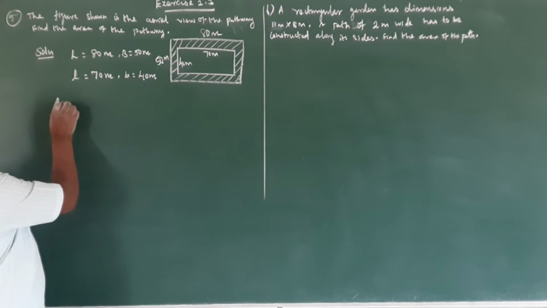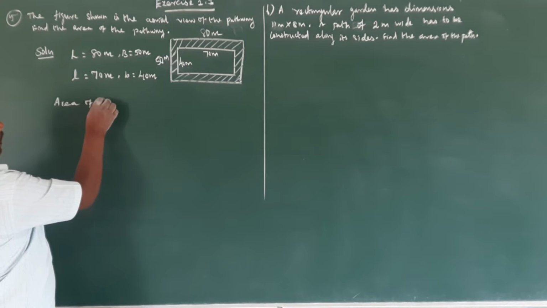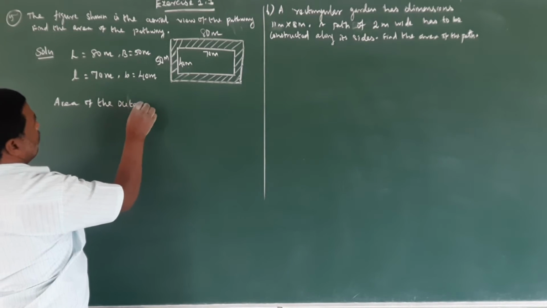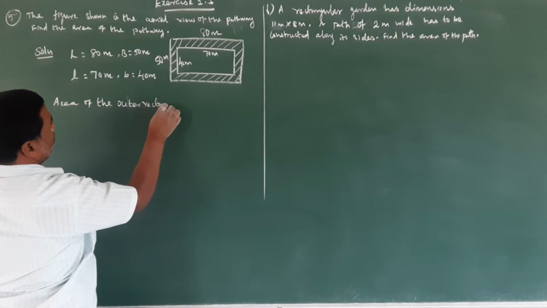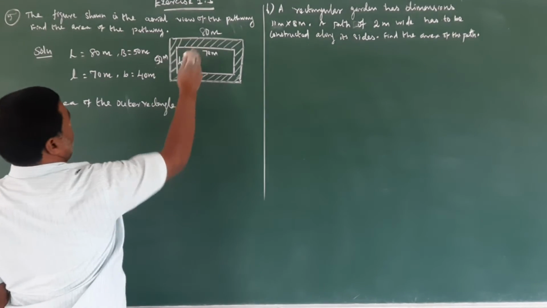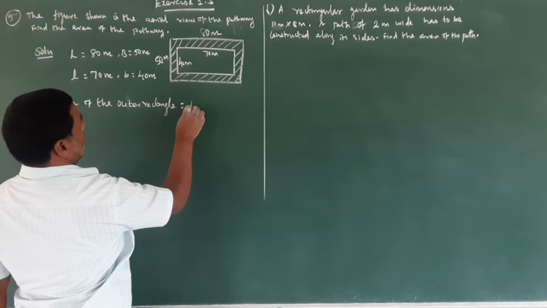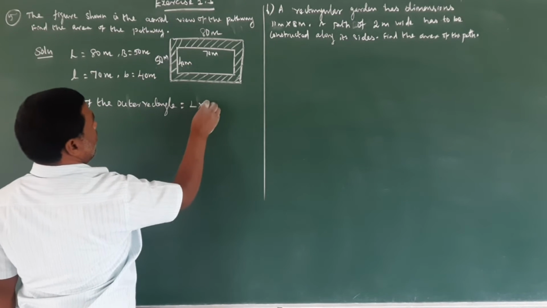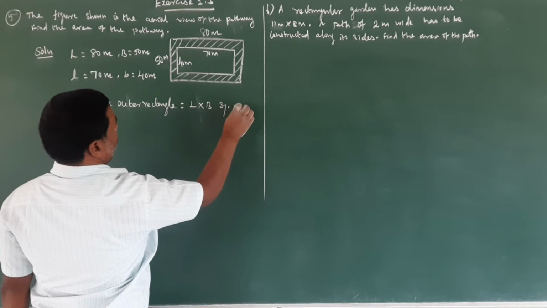Now area of the outer rectangle, capital L into B square unit.